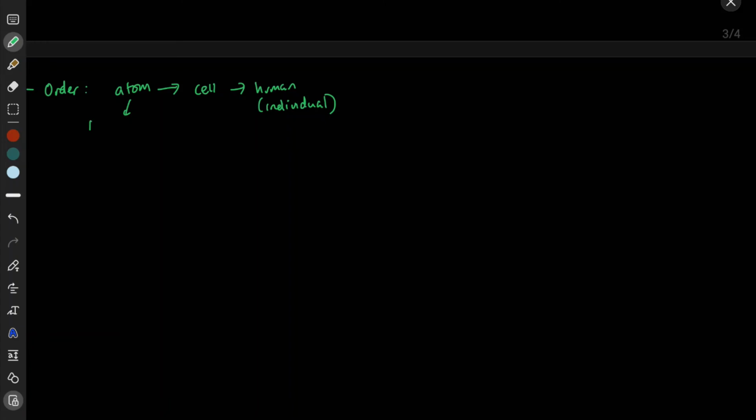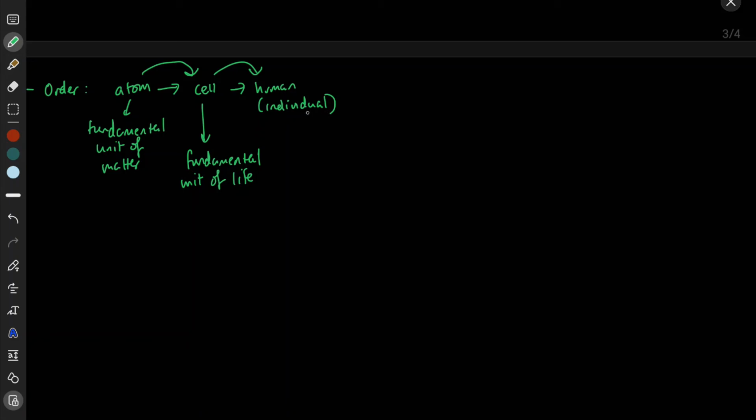The atom is the fundamental unit of matter, and the cell is the fundamental unit of life. So we went from something as tiny as the atom to the individual, which in our examples was the human.